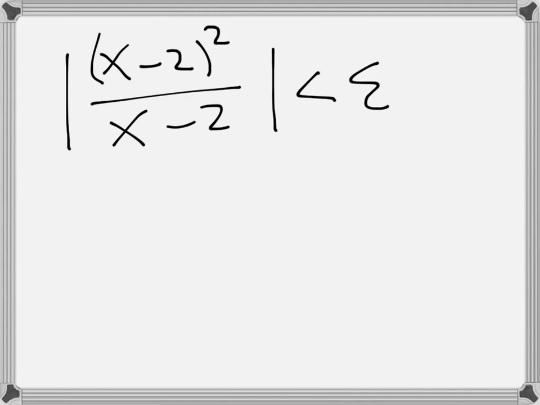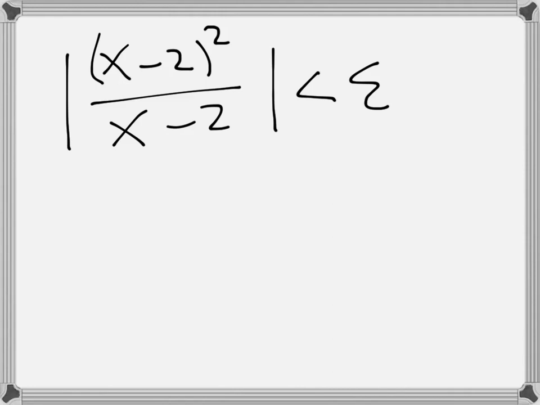One thing to note here is that I'm about to cancel a factor of x minus 2, and I know I made a big stinking deal in class about not canceling variables. The point that I wanted to make is that when you cancel variables, you change the domain, you change the definition of the function, because you're eliminating holes in the domain. However, what you should notice so far with limits is that holes don't affect the limit.